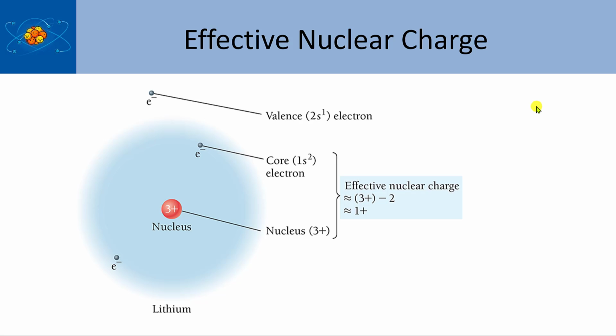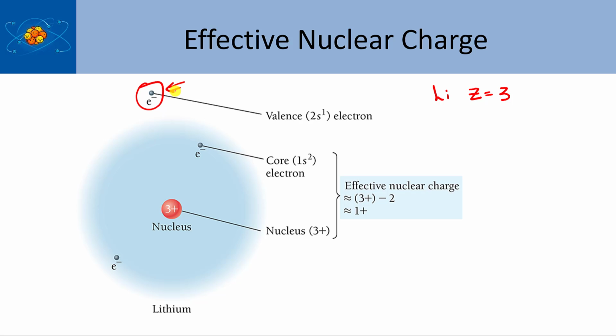So very simply put, if you're an electron in the atom, and let's just say you're this electron. This is a lithium atom. And lithium Z is equal to 3, third element on the periodic table. So it has a nuclear charge of plus 3. The outside electron only experiences a plus 1 charge.